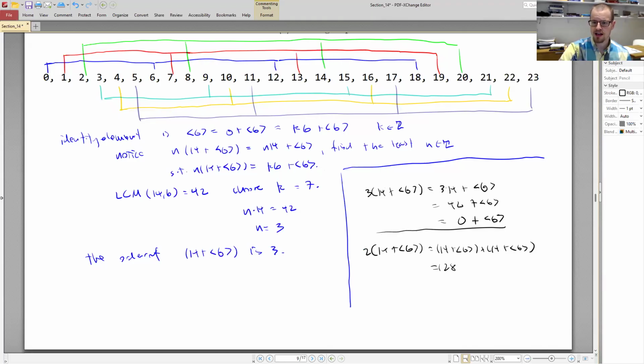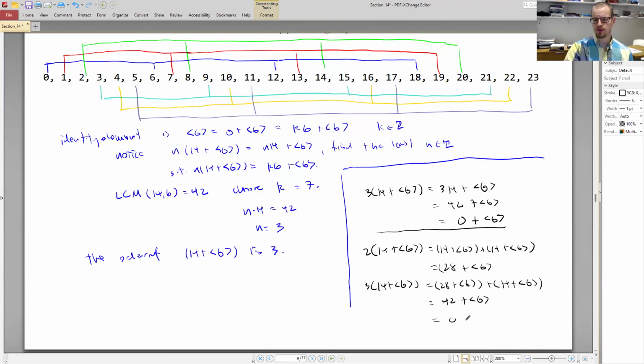That's 28. 14 plus 14 is 28, plus what's generated by 6. And then if I wanted 3 times that, I take that 28 plus what's generated by 6 and add another 14 plus what's generated by 6. And that again is 42 plus what's generated by 6.